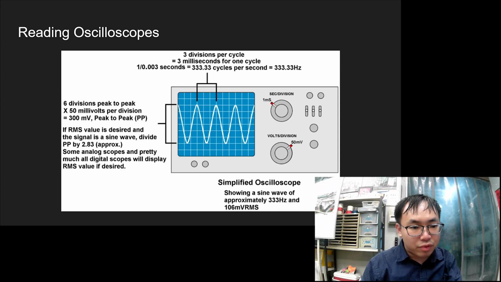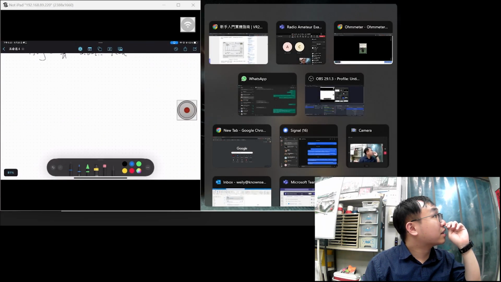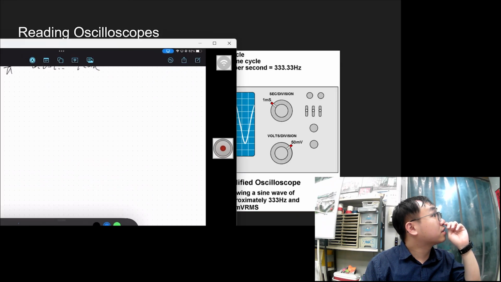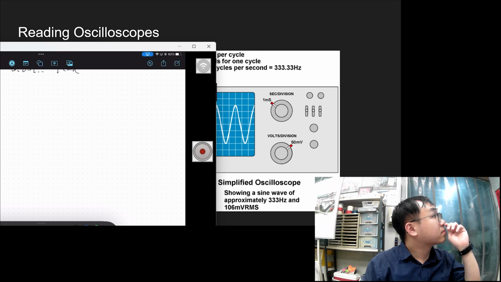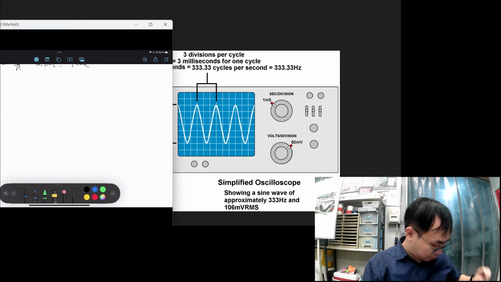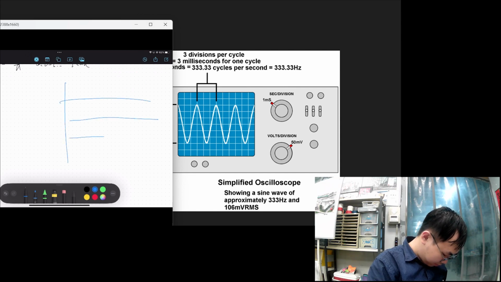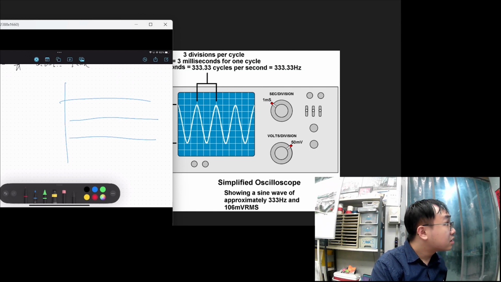Let me grab my iPad with me. Let me do it side by side so I can do it easier. Okay, so it looks a bit like this. If I have a sine wave, it is measured something like this, right?